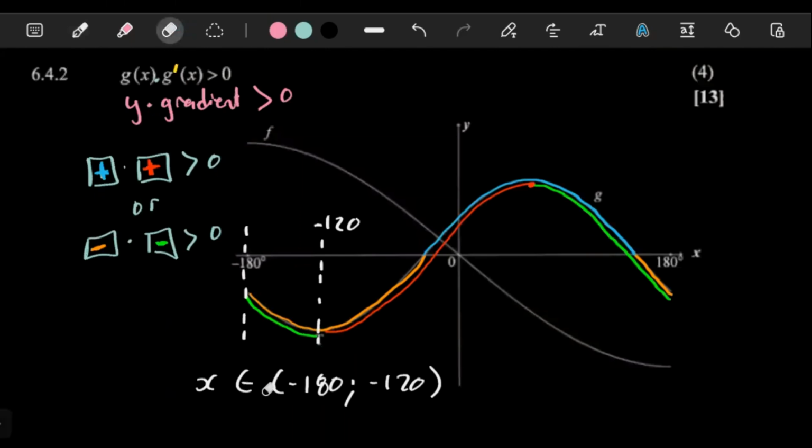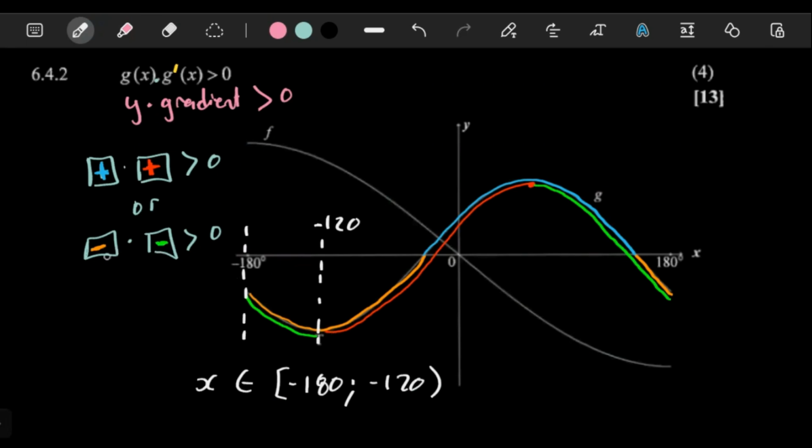But I think the 180 we have to include, because specifically at 180, the gradient is negative and the y value is negative. But specifically at negative 120, the gradient is equal to 0, not a value that is negative. So that's the first portion of your answer.